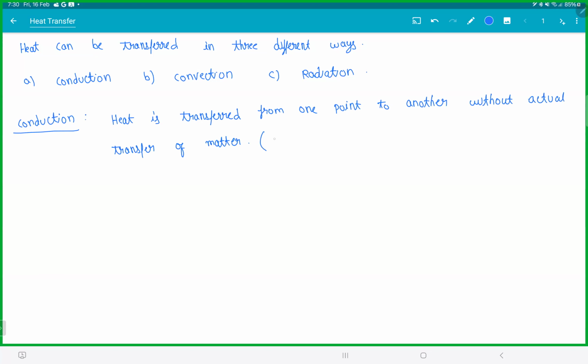So basically, it is due to the molecular collisions. Now, what happens here is, we know the molecules inside a lattice are vibrating continuously.